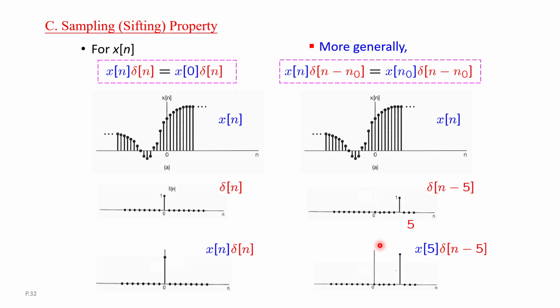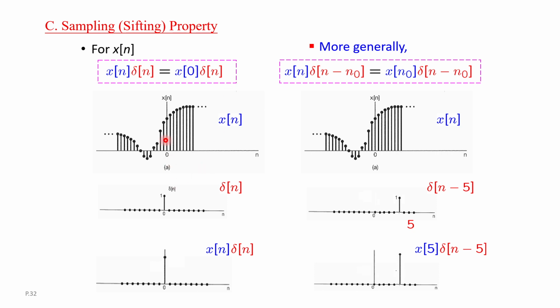A nice property of those, I guess this is only for the delta function. This is one of the reasons why we want to talk about the delta function: they can help us pick up details about different signals. So you have a signal x of n, and if you multiply it with your impulse function delta of n, you find out that will pick up the signal at small n equal to 0.